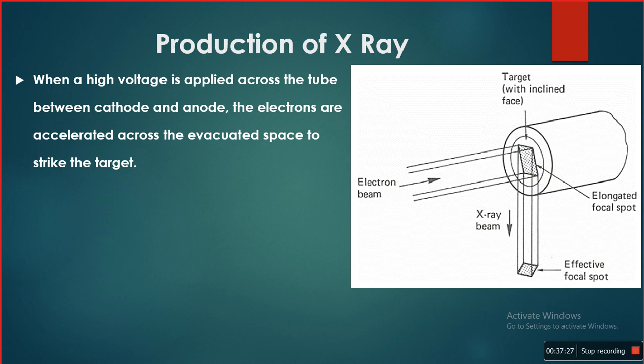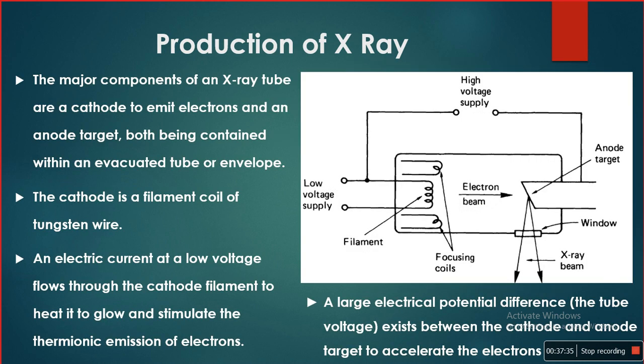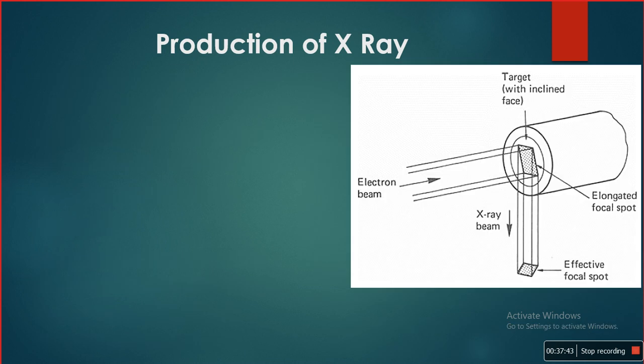If you consider the orientation, the anode is an inclined one. If you consider the previous diagram, here the anode is shaped as an inclined surface to orient the X-ray beam towards the component.